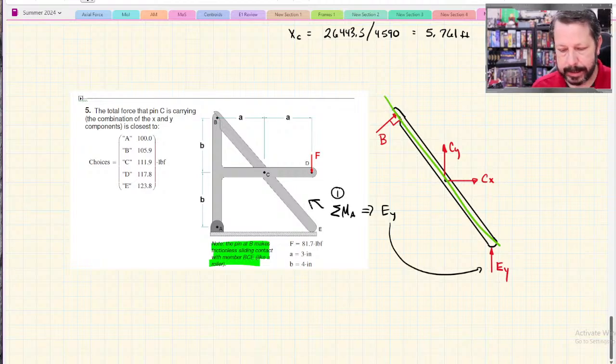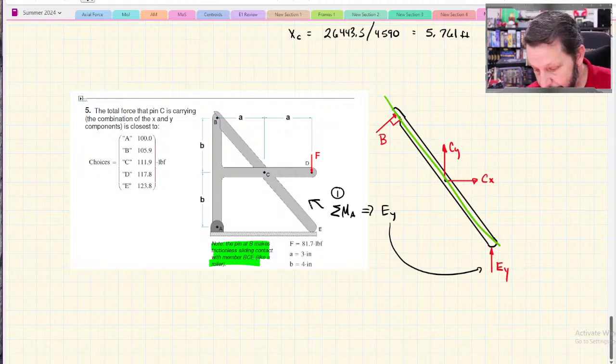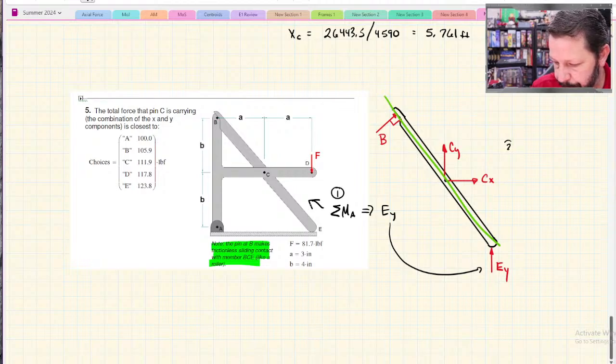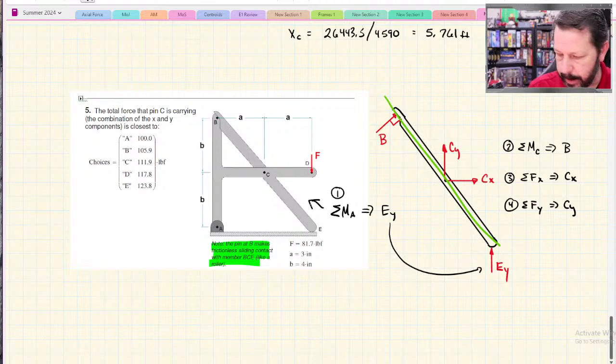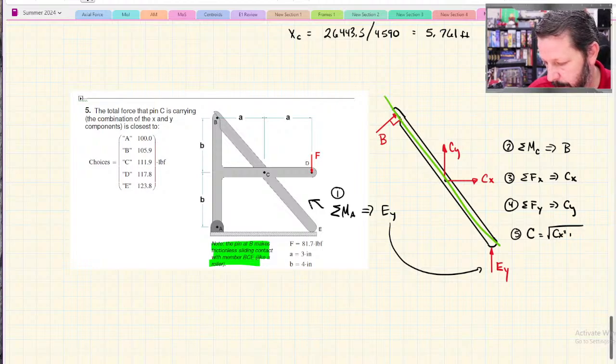Then you take the free body diagram of BCE, you now know EY, and you do step 2: summation of moments about C will give you B. Then step 3, summation of forces in the X direction gives you CX. Step 4, summation of forces in the Y direction gives you CY. And then step 5, the reaction at C equals the square root of CX squared plus CY squared.